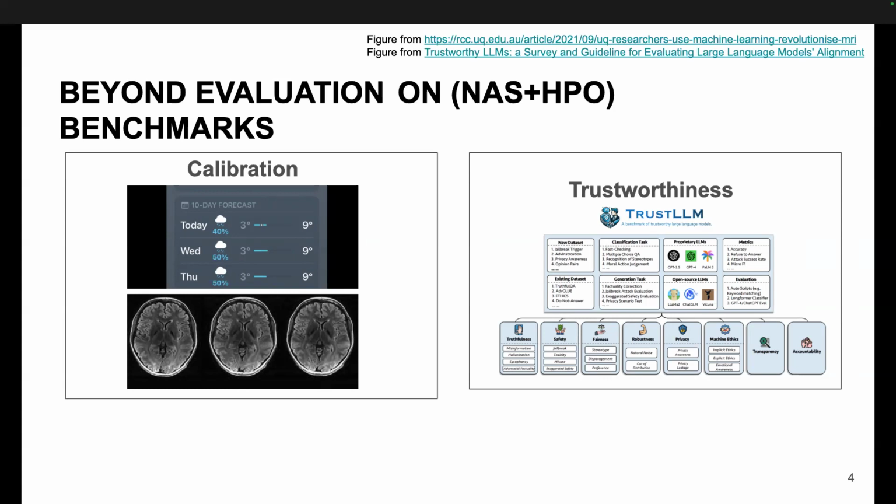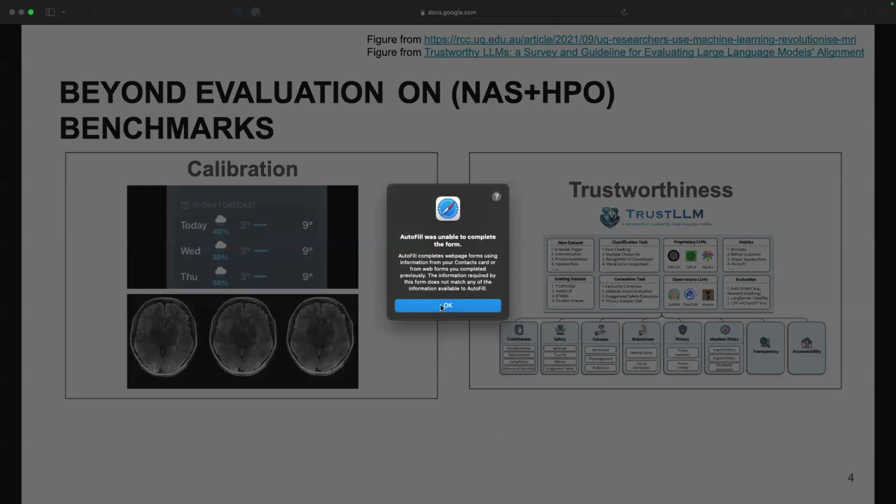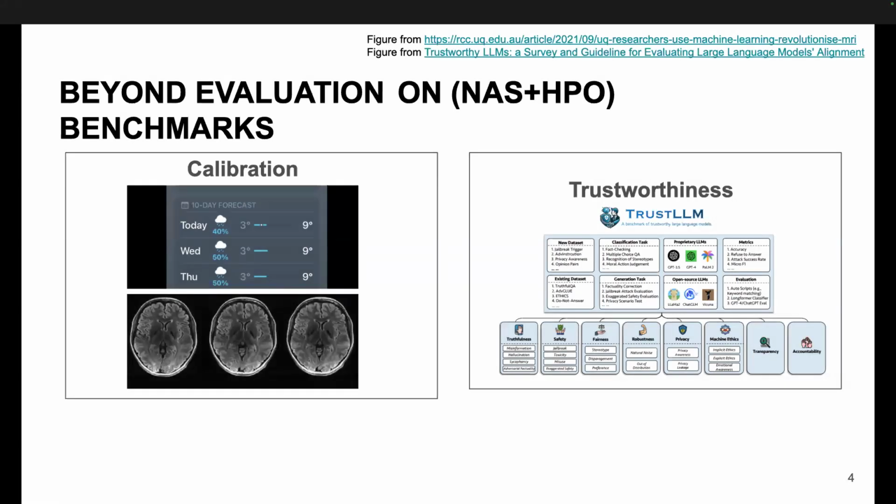For example, if you want to have an LLM and tune it to be more fair, more trustworthy, then you have multiple facets to your AutoML problem, or you care about multiple objectives. So with this, I would hand over to Samuel to talk about facial recognition, which is one of the main domains we work on.